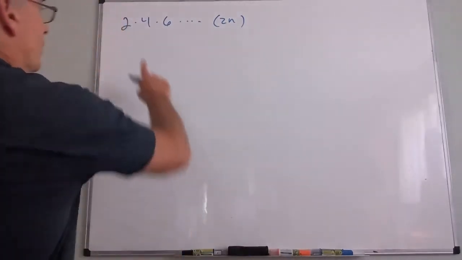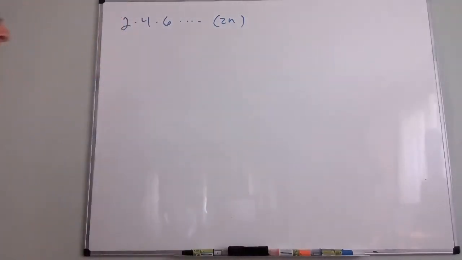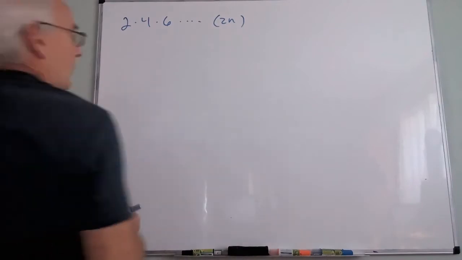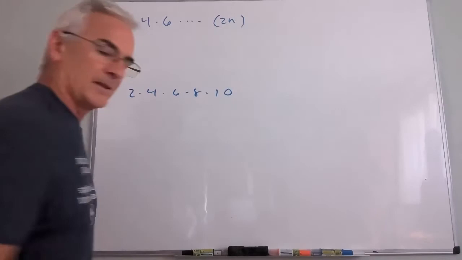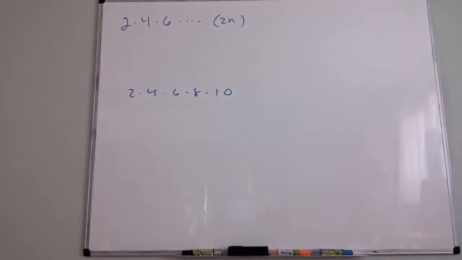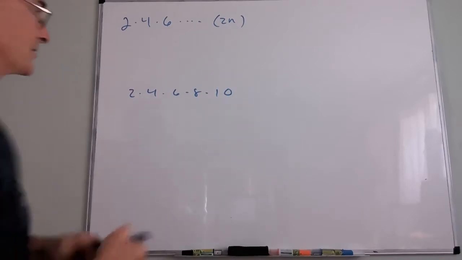Oh, okay, so I would like to do this product exactly up to 2n. So, if I said, all right, what's 2, 4, 6, 8, 10? What is that? Well, I'm going to get out my calculator and we'll calculate that. 2 times 4 times 6 times 8 times 10, that's 3,840.